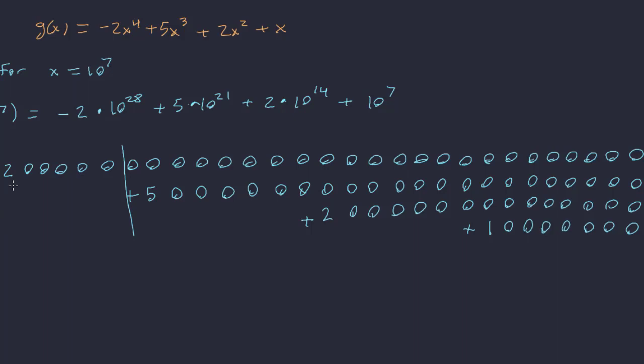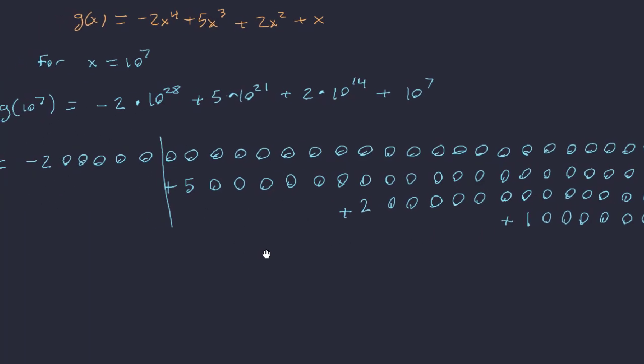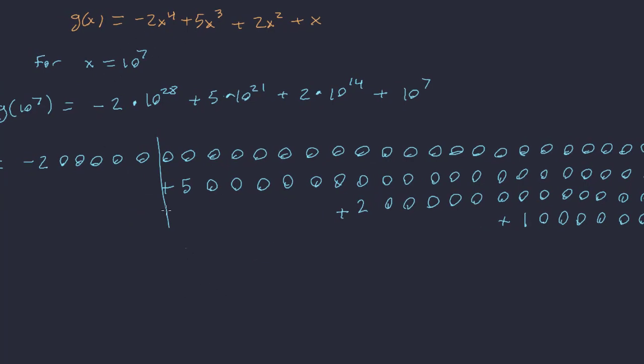This is going to be like a negative 1999999, and then some other junk here. It's not really going to mess with this very much. This is still going to be an extremely large negative number no matter what's going on here. And that was just at 10 to the 7.